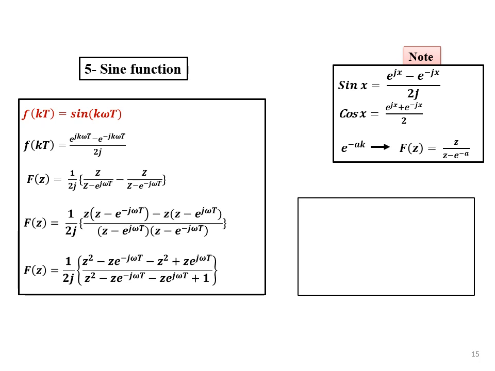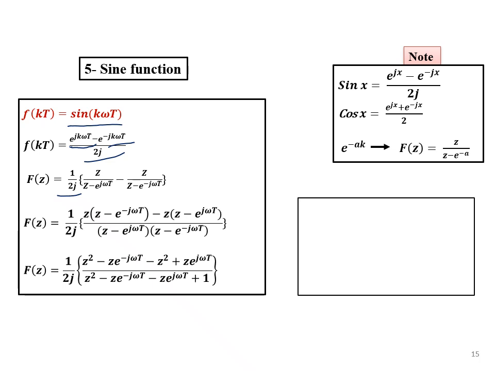For the sinusoidal function sine k omega T, we have the sine function equals e to the power j k omega T minus e to the power negative j k omega T over 2j.